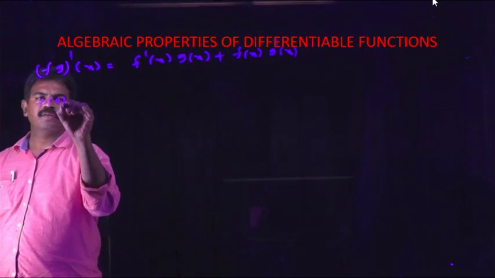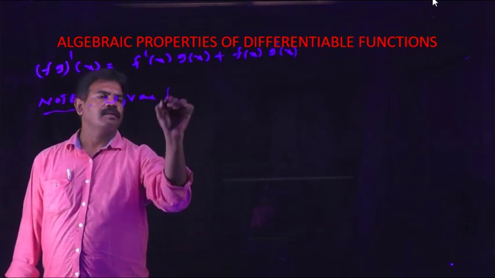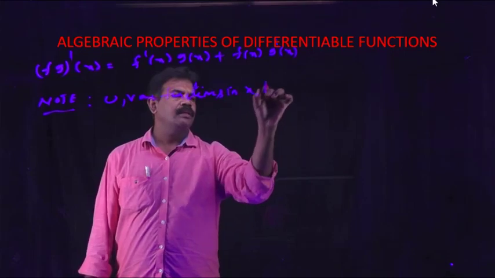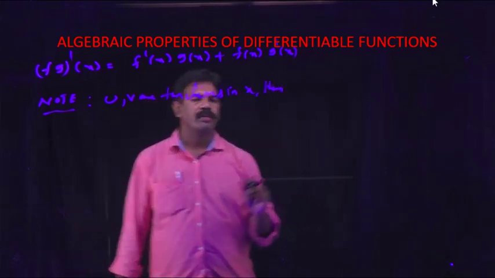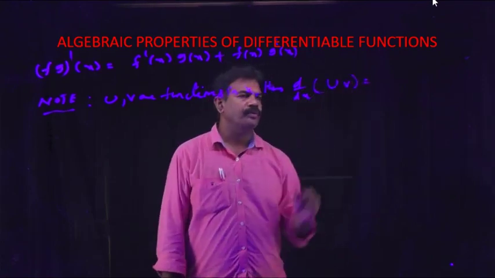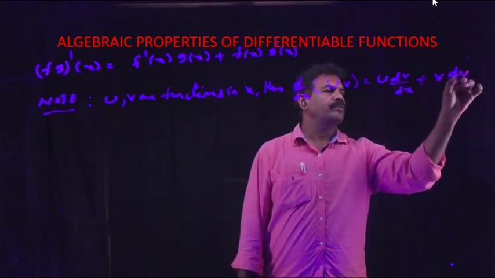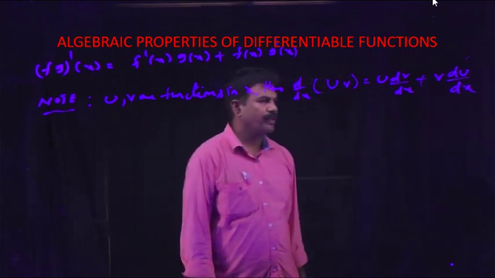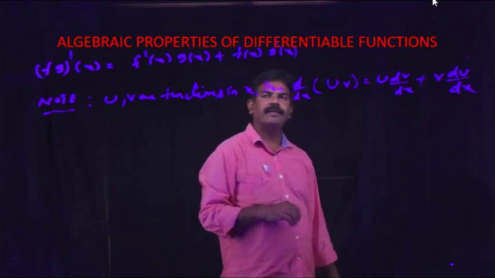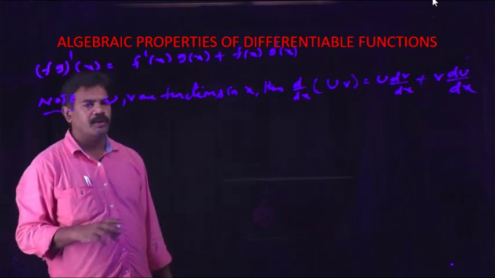Note, if u, v are functions in x, then d by dx of uv is equal to u into dv by dx plus v into du by dx, or we can write v into du by dx plus u into dv by dx. This is the UV rule or product rule.